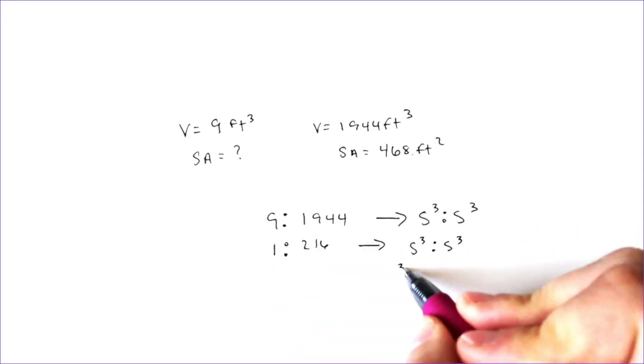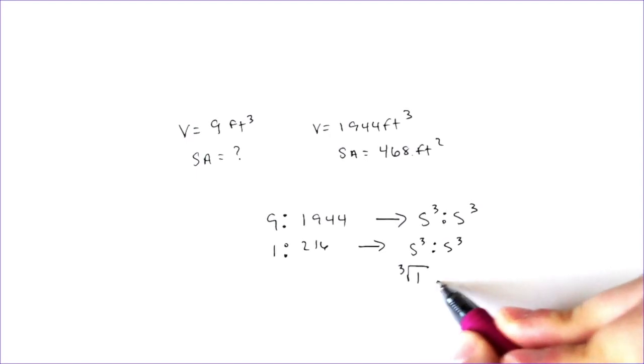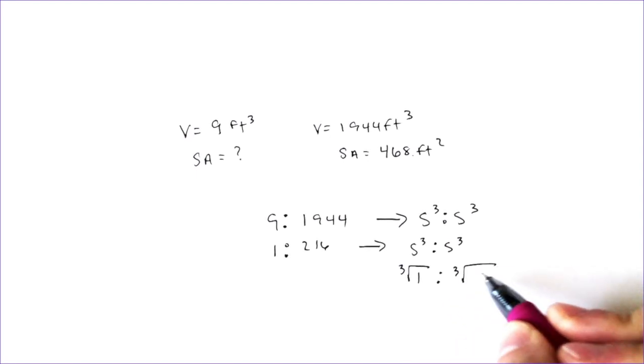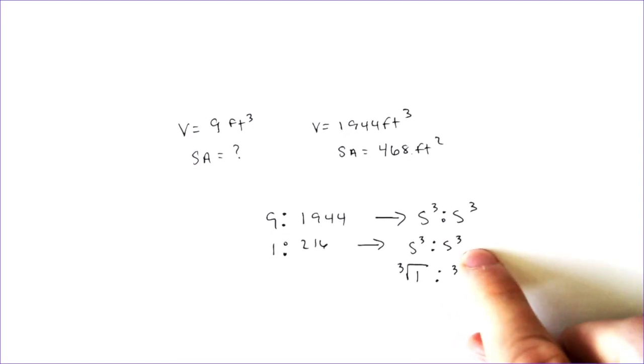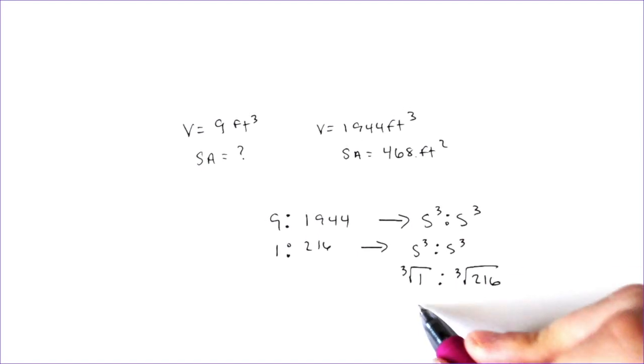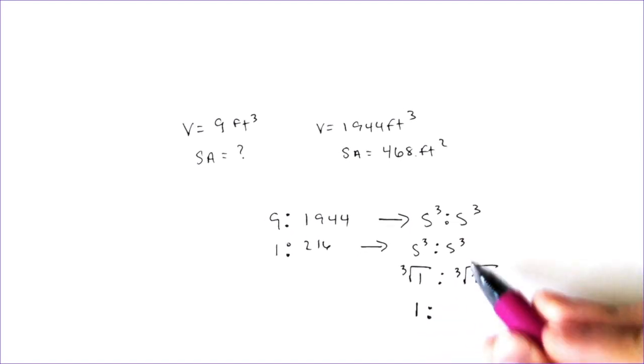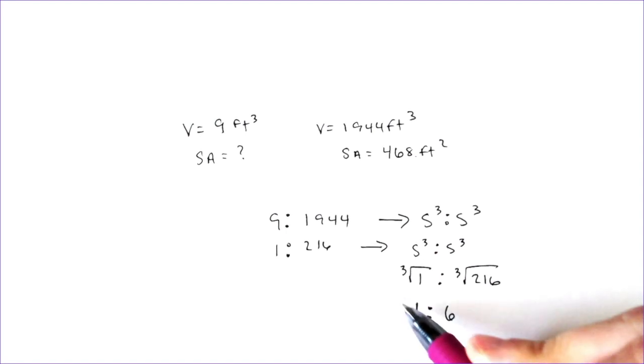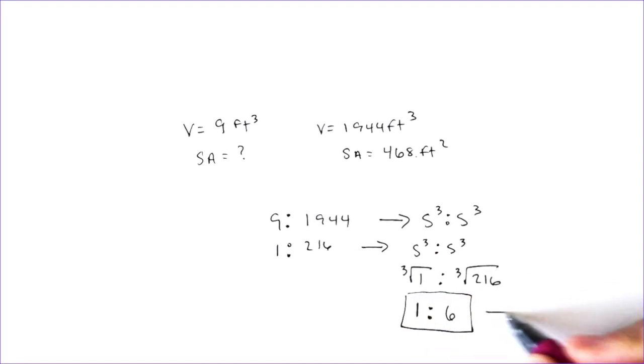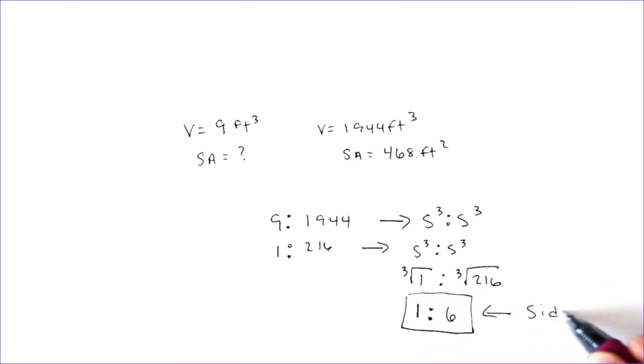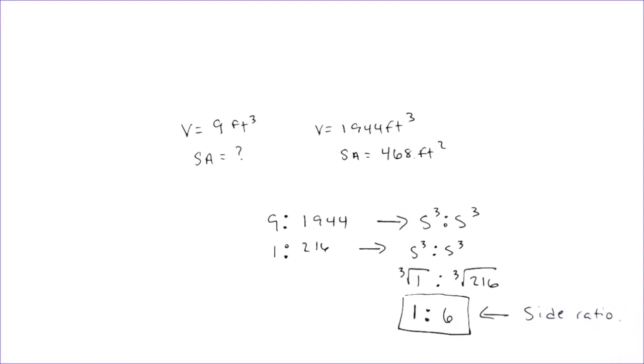Well, the cube root of 1 is 1, and the cube root of 216 is 6. So these are our sides, or really our side ratio that we have here.